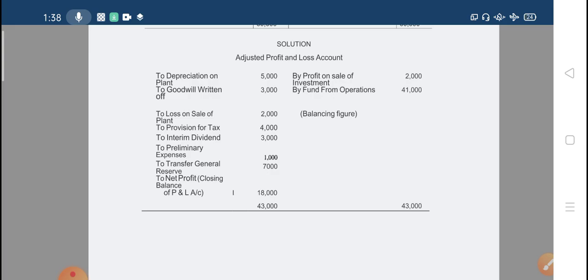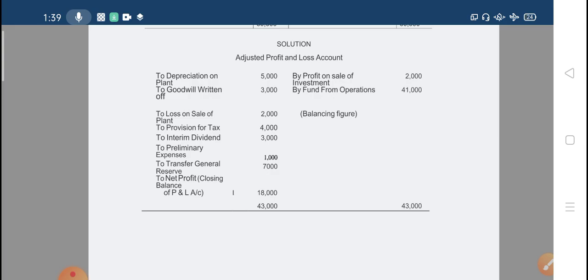So first, the depreciation on plant, 5,000, is taken. Then to goodwill written off, rupees 3,000, is taken. Then to loss on sale of plant, rupees 2,000, is taken. To provision for tax, 4,000, is taken. To interim dividend, rupees 3,000, is taken. To preliminary expenses, rupees 1,000, is taken.